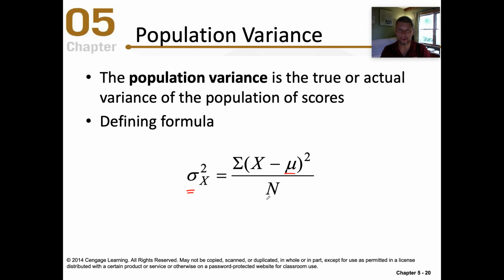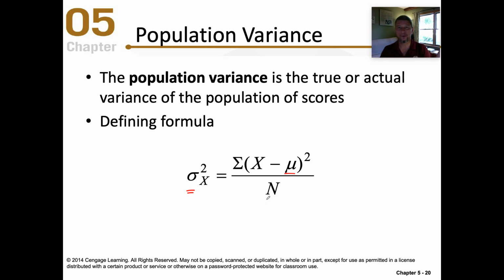Now, to calculate the population standard deviation, what do we do? Well, if you recall, to calculate the sample standard deviation, you simply took the square root of the sample variance.